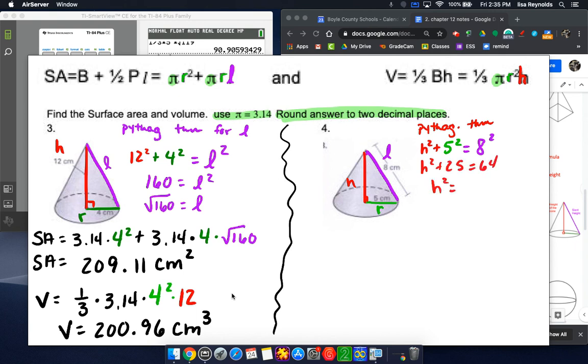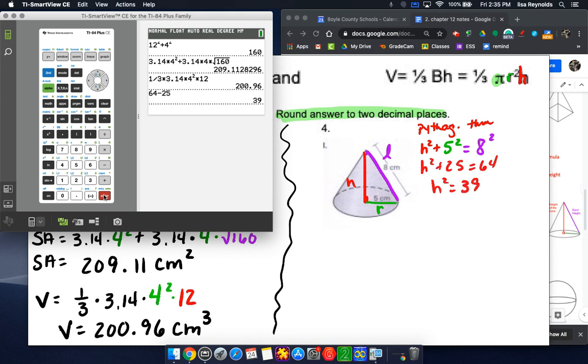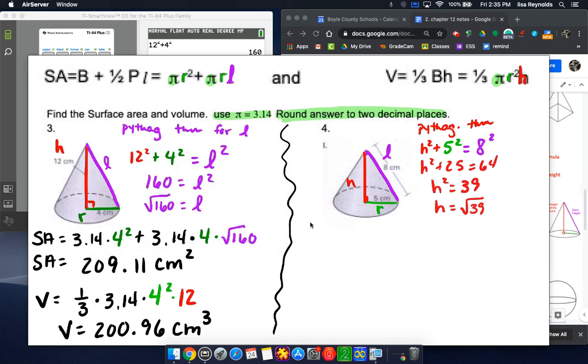Height squared is going to equal 64 minus 25 to get 39. Since 39 is not a perfect square, we're going to leave it underneath the square root. So we have radius, we have slant height, we have height, and we have the value of pi. So we're ready to substitute into the volume and surface area formulas.